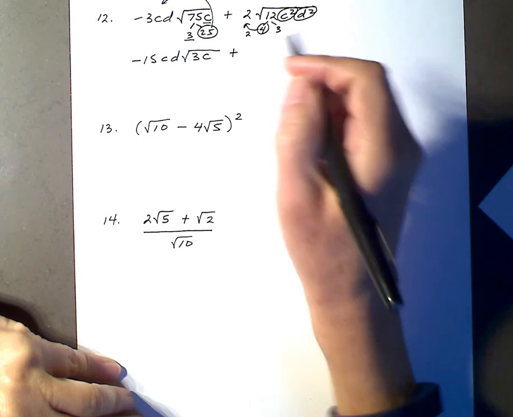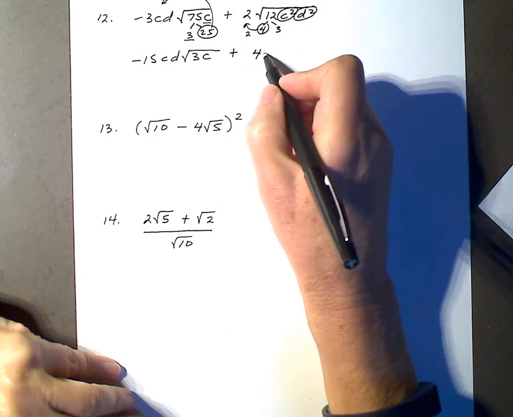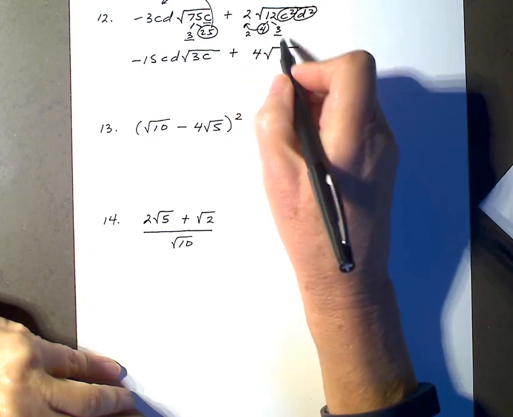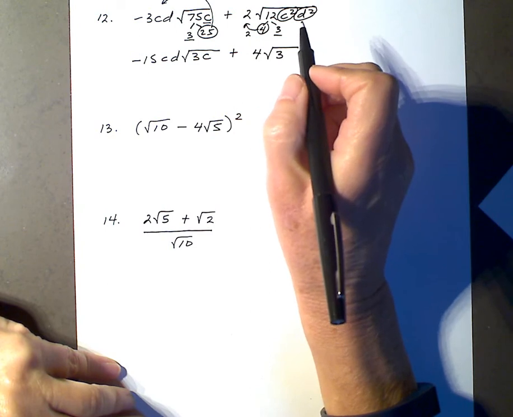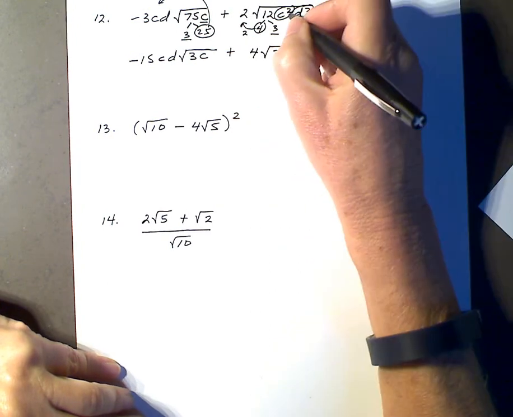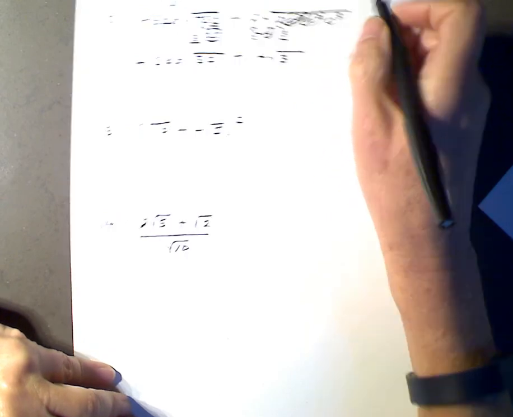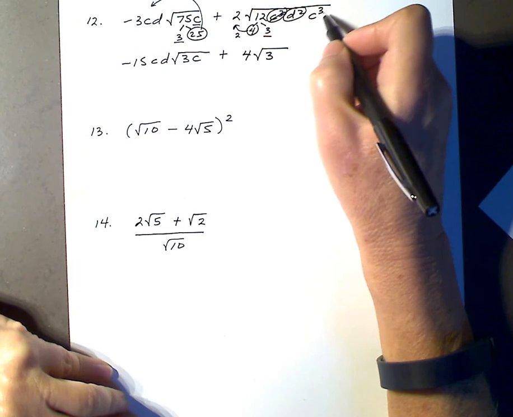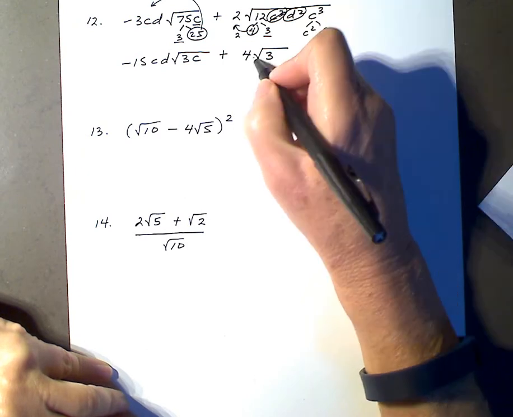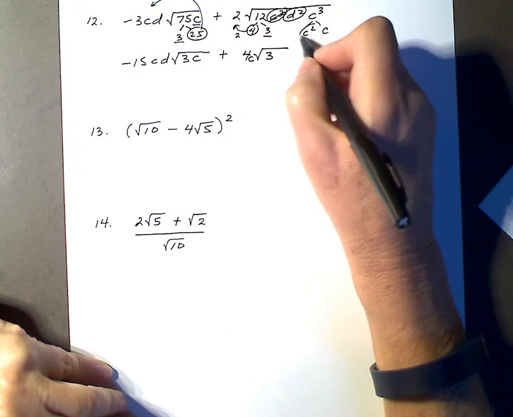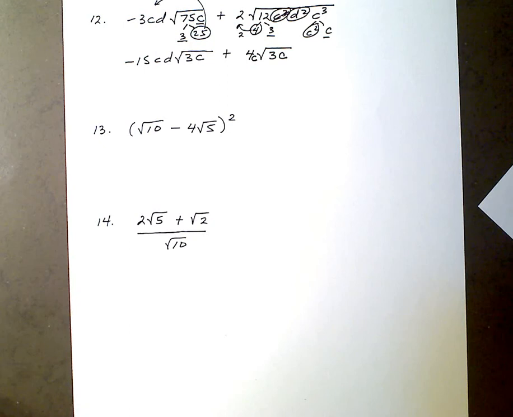So I'm going to have 4 on the outside, the 2 times the 2, times the square root of this 3 that stayed in, and oops, this was a c to the third, so let's rewrite that, c to the third, that I had a c squared and a c, so a c does come out, so that's there, and a c stays in. Uh-oh, I messed that one up.